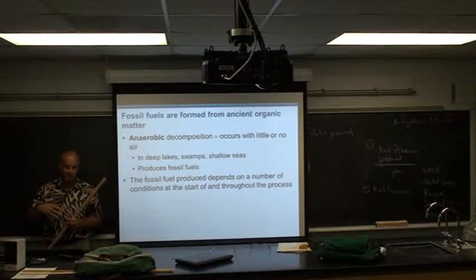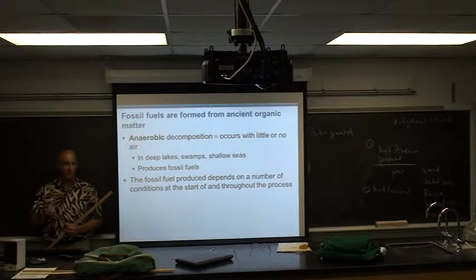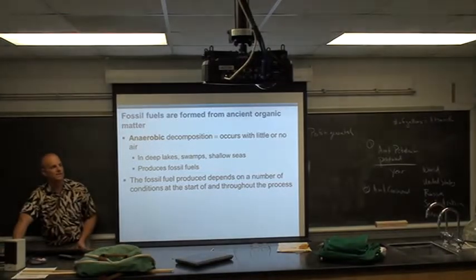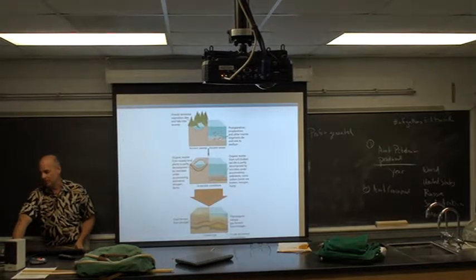It gets trapped. Anaerobic decomposition is much less efficient. You get a lot less energy out of it, and it doesn't release anywhere near the amount of carbon that you get in aerobic decomposition, and therefore the carbon stays in the ground. So all these were the conditions in the Carboniferous that produced these big coal deposits and these petroleum deposits.